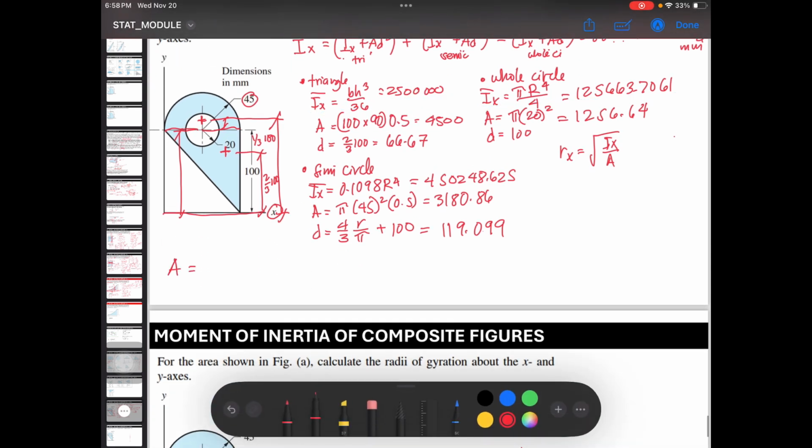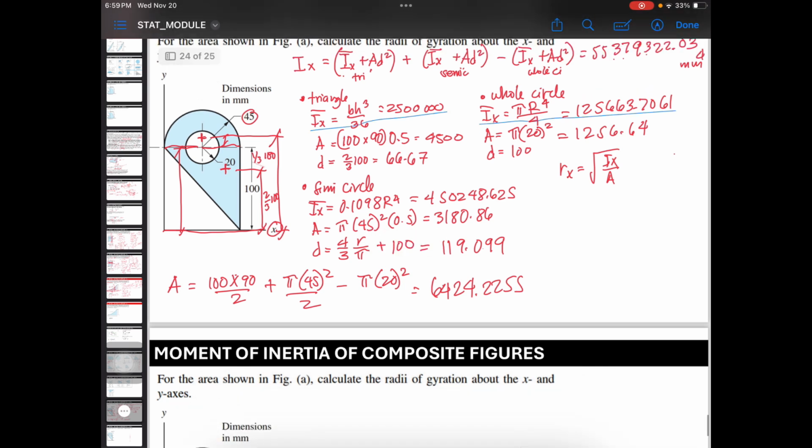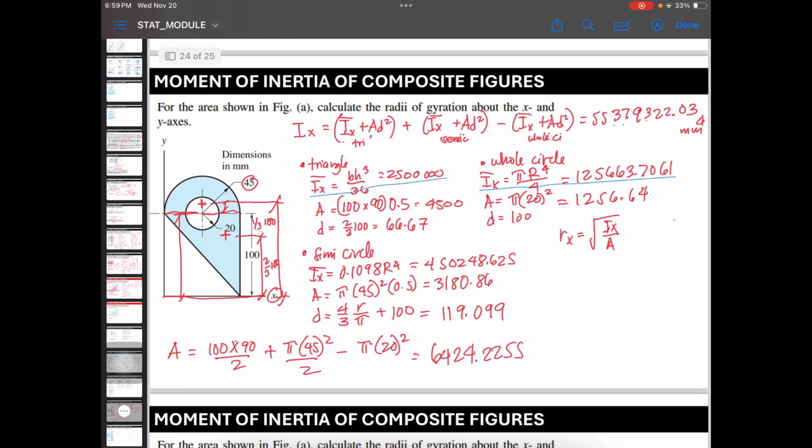Our area, so for the triangle, 100 times 90 over 2 plus pi r squared over 2 since semicircle, at minus yung small circle na buo. Let's calculate. 6424.2255.